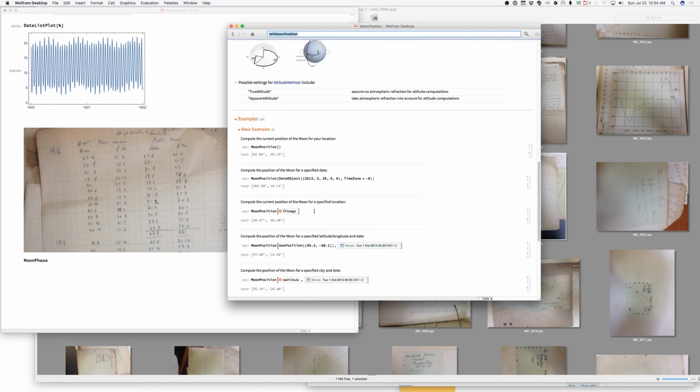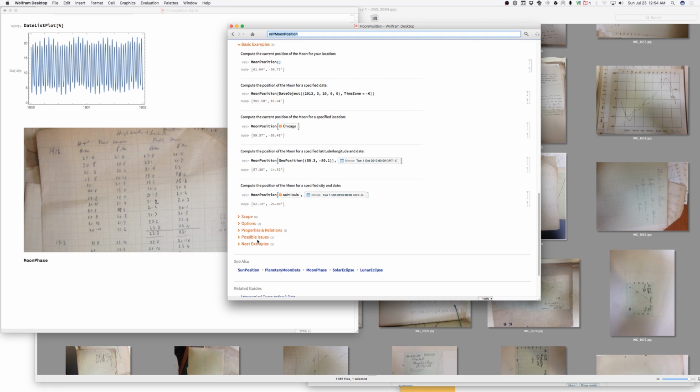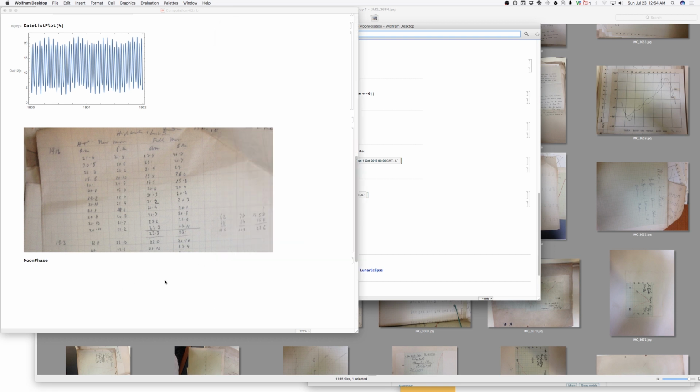Can you deduce the phase of the moon from the moon position? Let's see. That is interesting. Okay, I thought we had a way to do this.